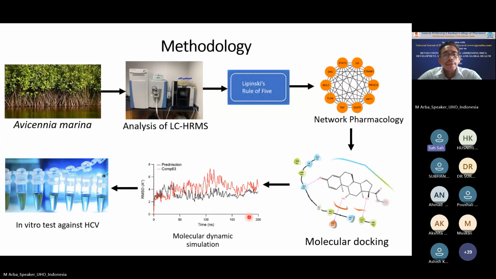What we do is, first of all, we analyze the mangrove Avicennia marina using liquid chromatography high resolution mass spectrometry, and then we use drug likeness screening using Lipinski's rule of 5, and then we perform network pharmacology, molecular docking, molecular dynamics simulation, and in vitro test against HCV.